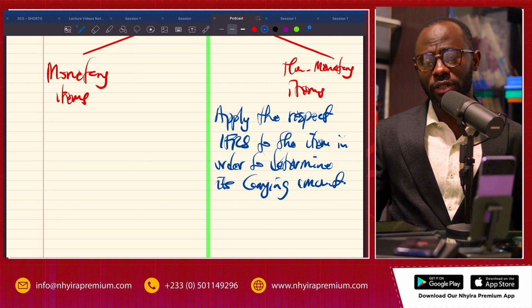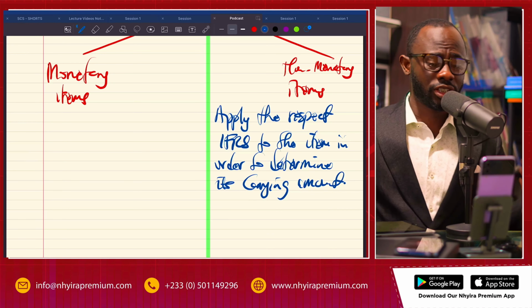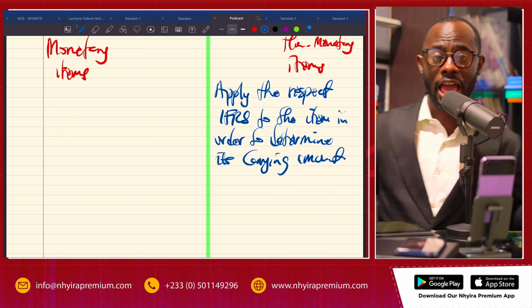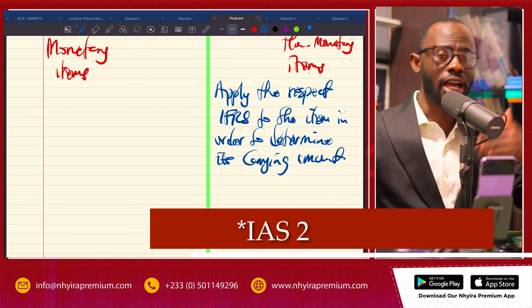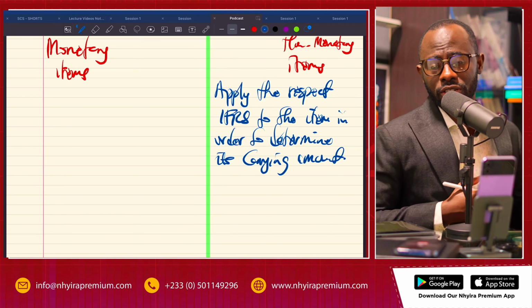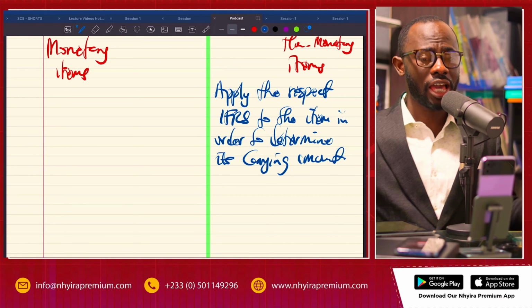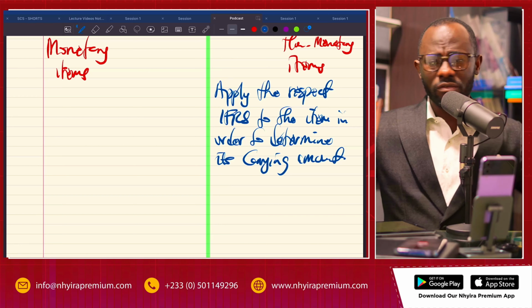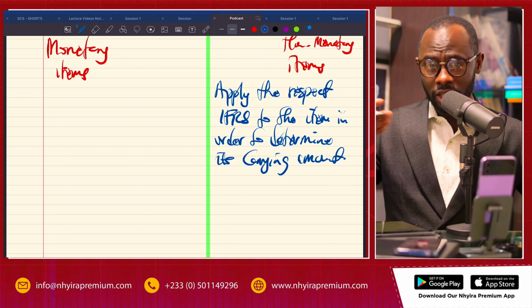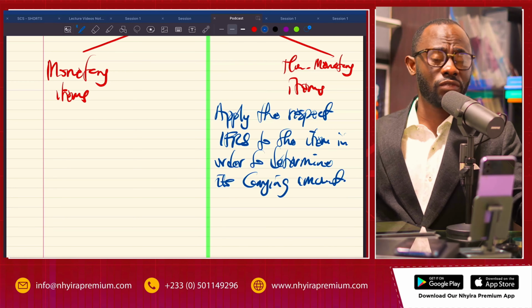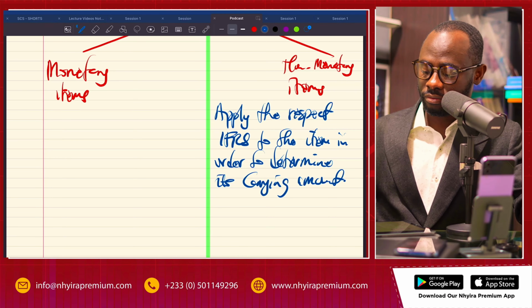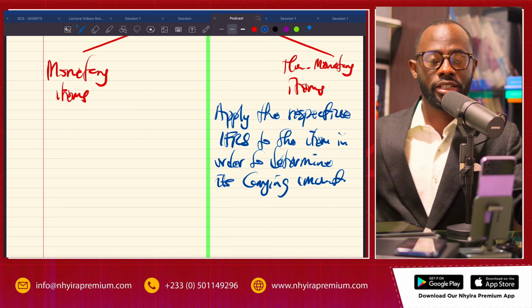So if it is a property, plant, and equipment that we bought, on subsequent measurement, we're going to apply IAS 16. If it is an inventory we bought, on subsequent measurement, we will apply IAS 12. If it's an investment property, on subsequent measurement, we will apply IAS 40. So depending on whatever it is we dealt with, if it's a non-monetary item, the respective accounting standard will be applied.